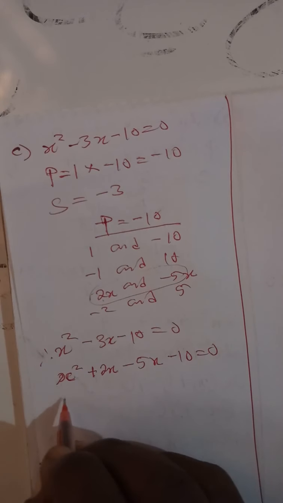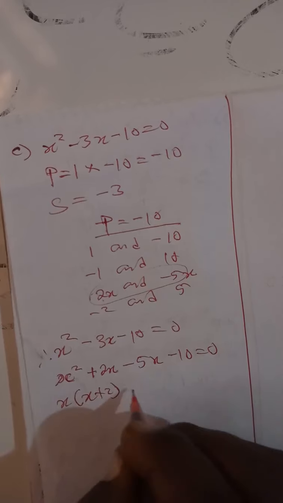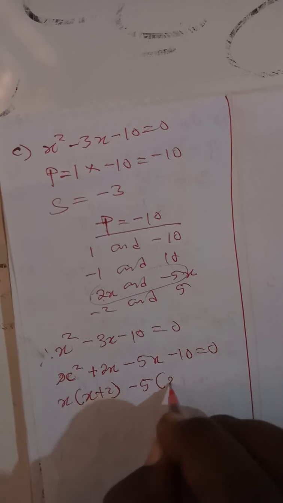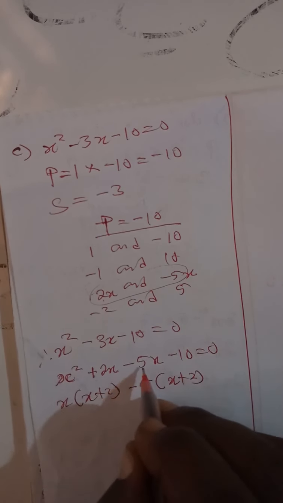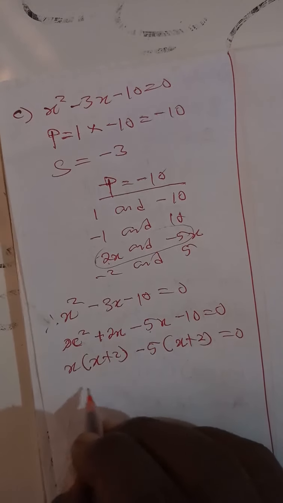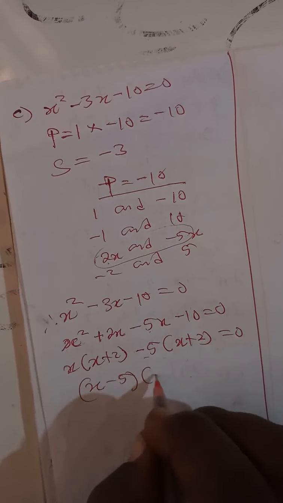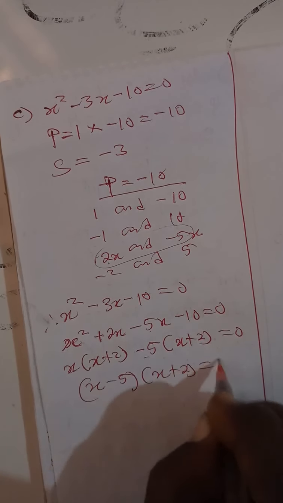So we have to factor out x here. x bracket x plus 2 minus 5 bracket x plus 2, because 5 goes in 10 2 times, is equal to 0. So we have x minus 5, bracket x plus 2 is equal to 0.